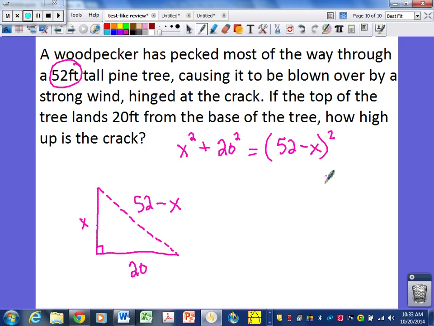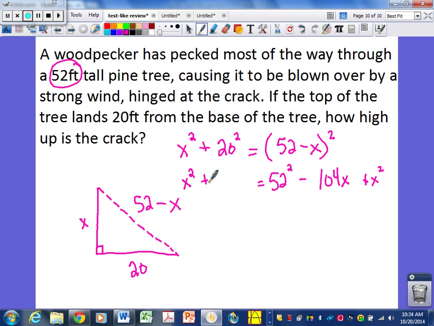Okay, and this Pythagorean theorem is what you solve. Remember, you get 3 terms over here. You get a 52 squared term, you get a 104x term from twice 52, and you get an x squared term. Okay, you get 3 terms when you square a binomial. 52 squared, you double the product here, so twice 52 is 104, and you get x squared.